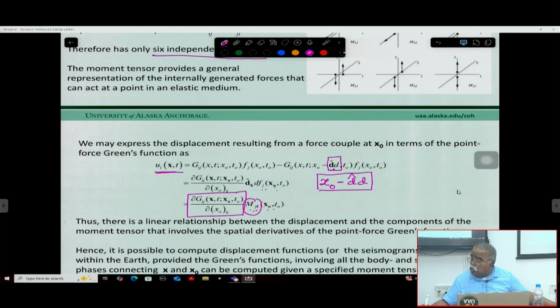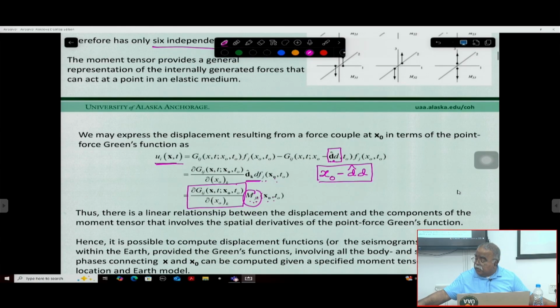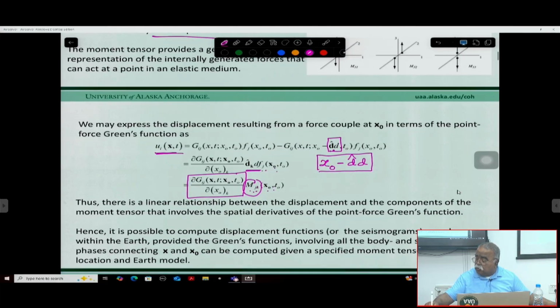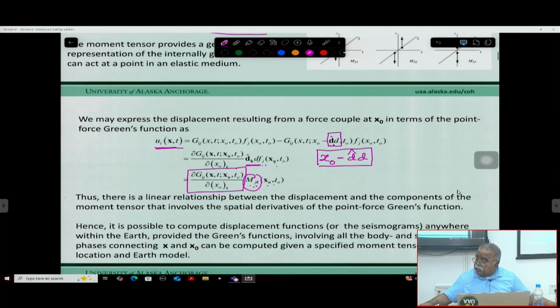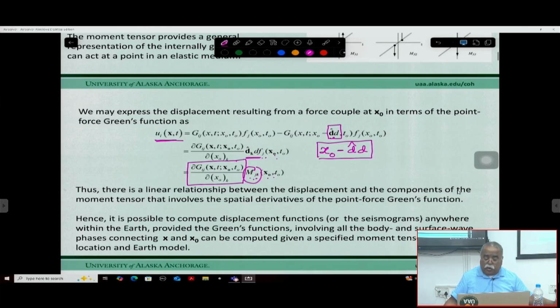That together will be the moment value, right? So this is your dij dx0 multiplied by the moment. So we need to find it out if I need to calculate the displacement at a particular point, right?